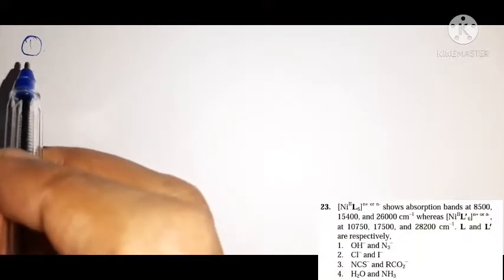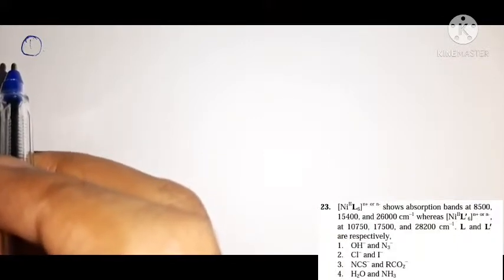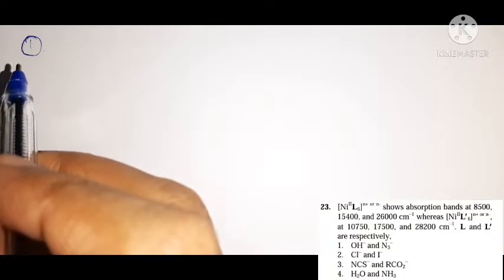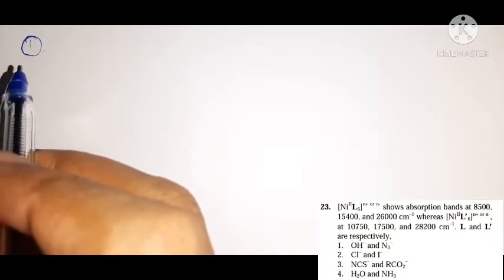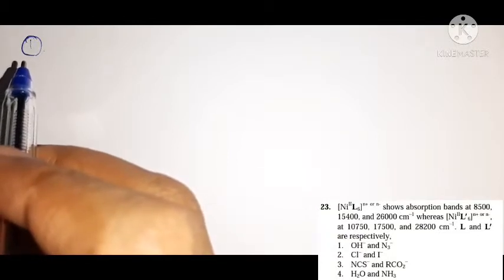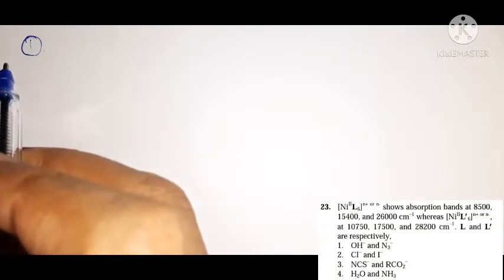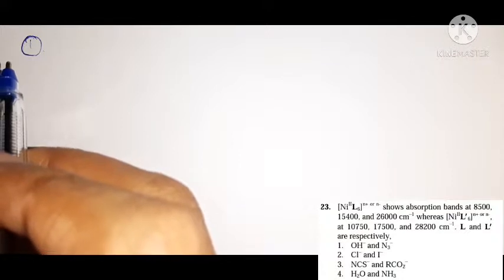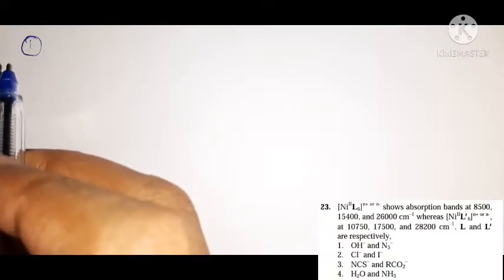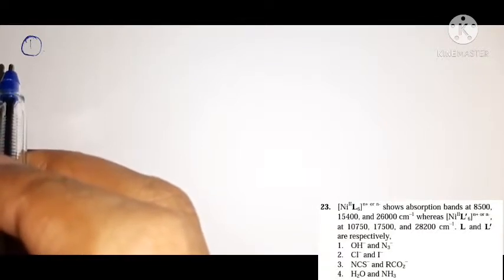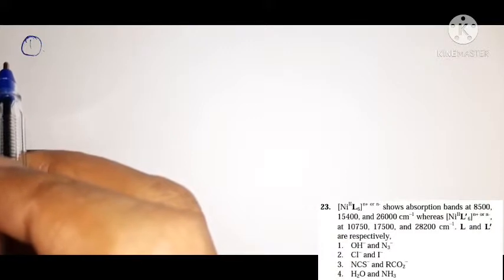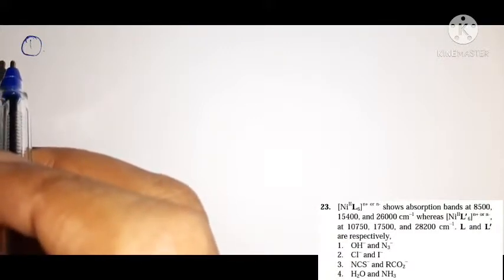And for the second complex, in which the ligand is L dash, these absorption bands correspond to strong high energy absorption bands. And you know very well that low energy absorption bands correspond to weak field ligand, and high energy absorption bands correspond to strong field ligand.